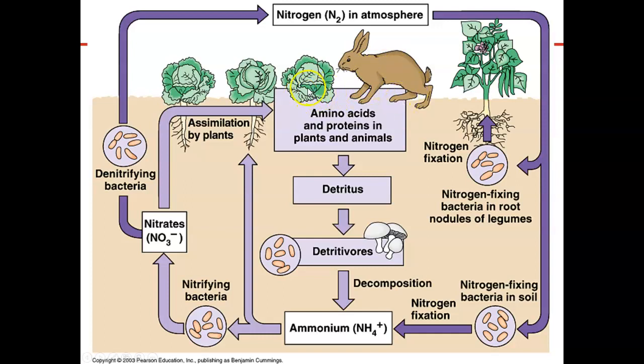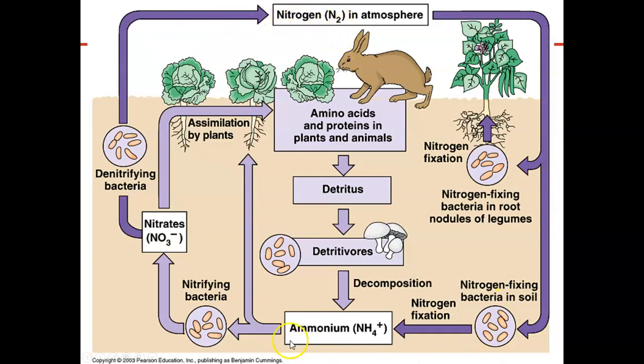And when these organisms die, then we have these microbes that break down the organic materials. We have fungi, microbes, protozoans that help to do this, and convert it back into the ammonium that our plants can use, or we have denitrifying bacteria that can convert it into nitrogen gas again.